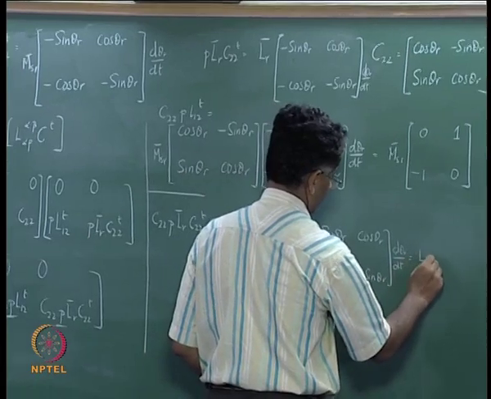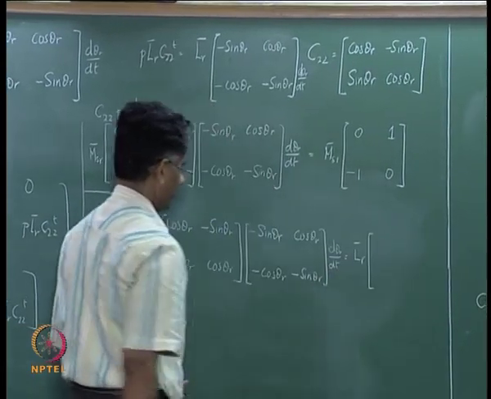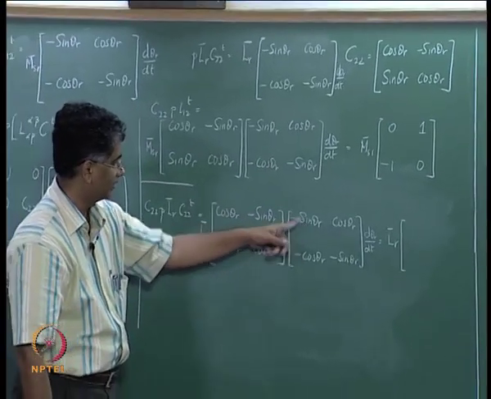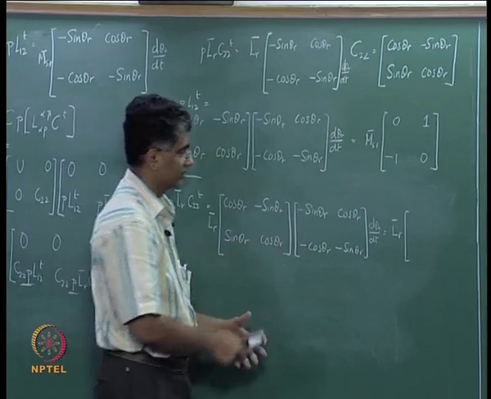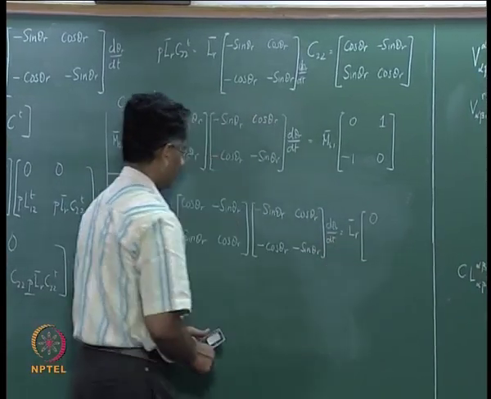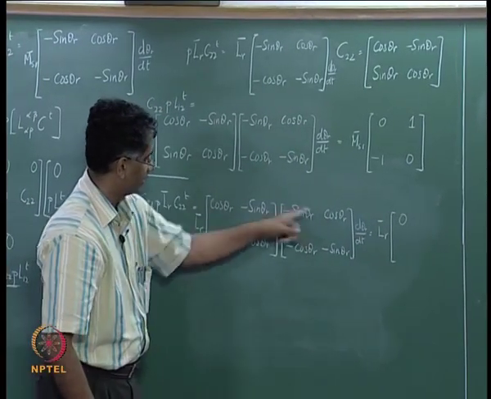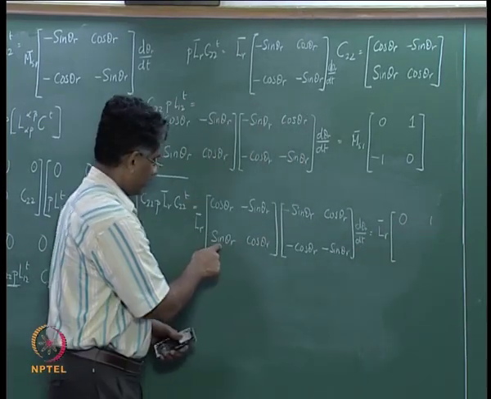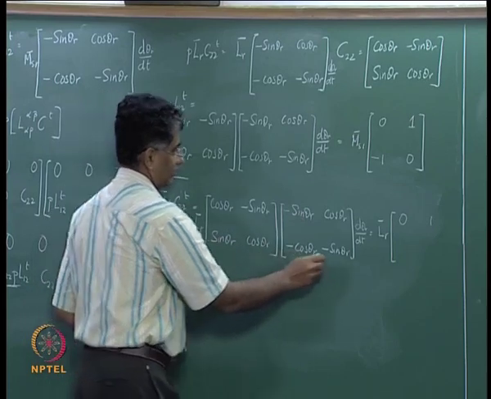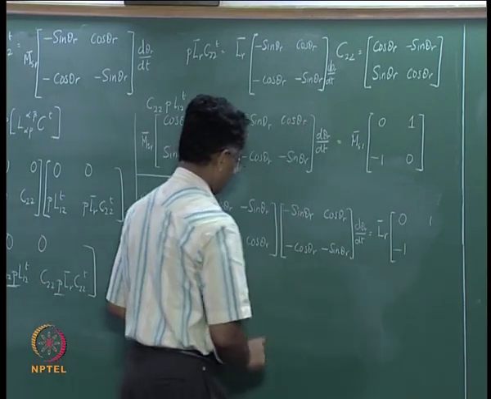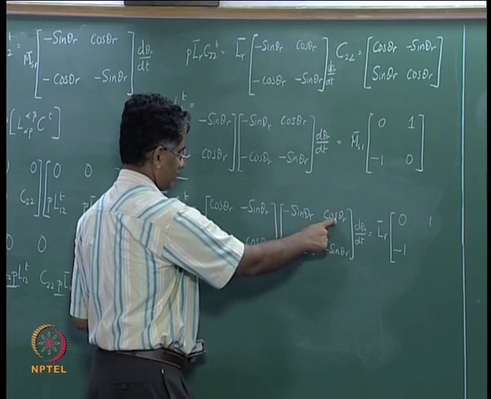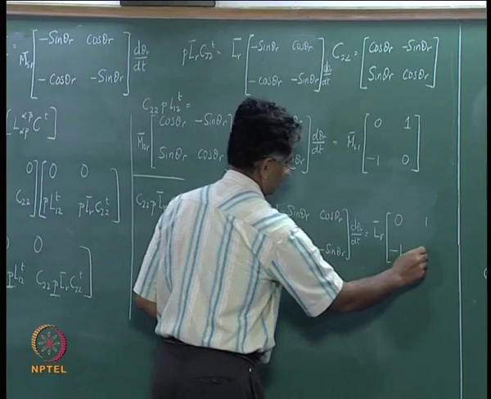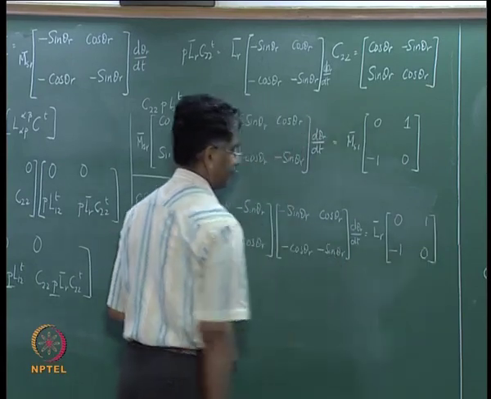So, that gives us LR bar multiplied by, the first term is cos theta minus sin theta plus sin theta cos theta, therefore this is 0, and then you have cos square theta plus sin square theta, that is 1, minus sin square theta minus cos square theta becomes minus 1, and then you have sin theta cos theta minus sin theta cos theta, therefore this is 0.